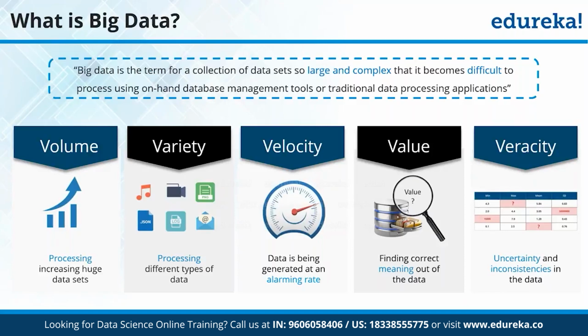And how to handle processing things and putting things in queues, and efficiently handling situations like deadlock, right? And then also comes finding the correct meaning, which is seeing the value from the large amount of data and being able to spot the uncertainties and the inconsistencies in the data, right?